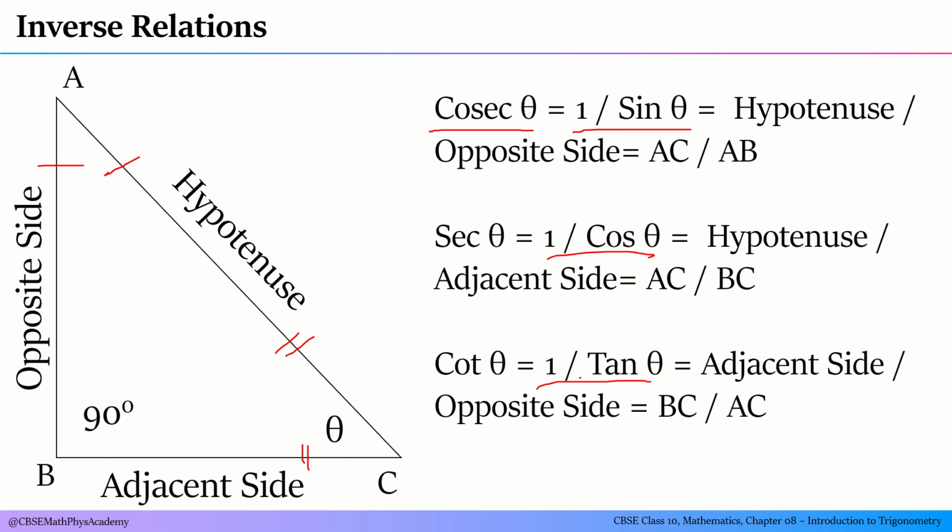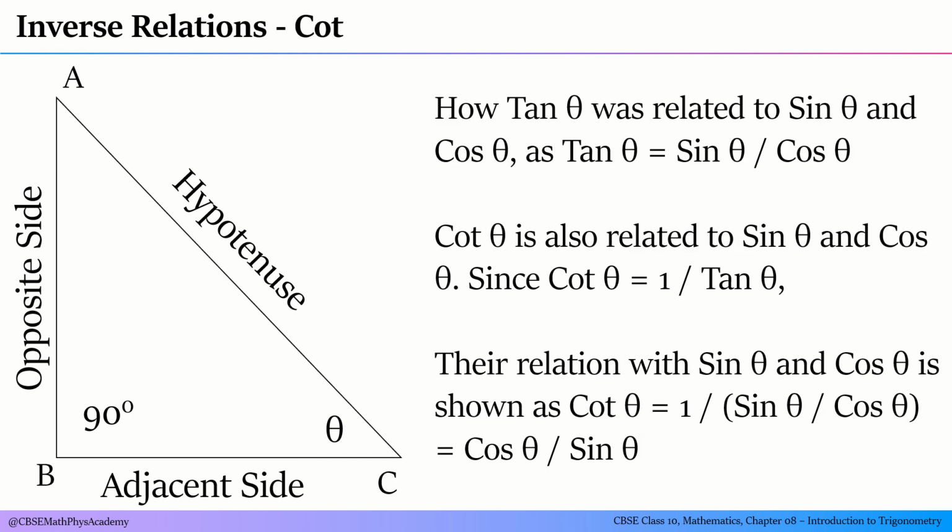And lastly, 1 by tan theta is cot theta, which is adjacent side divided by opposite side, that is BC by AB. These 6 formulas you should be well versed in so that you can solve most of the problems.